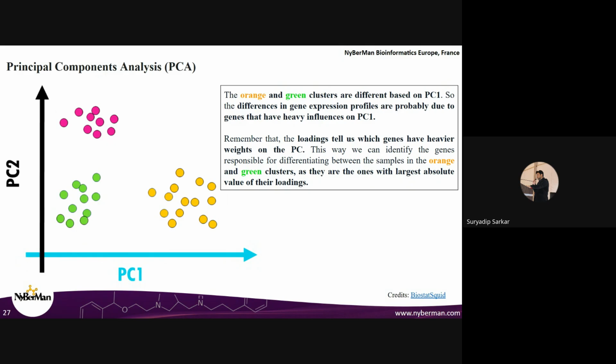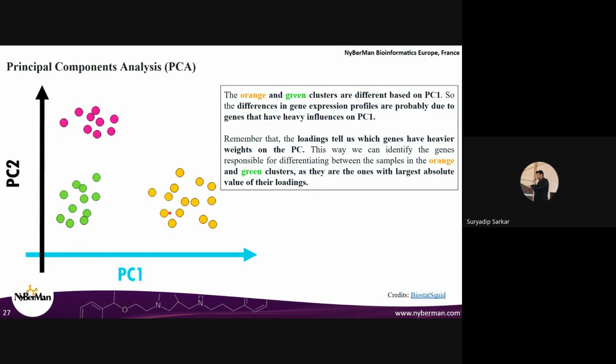So now let us try and understand a little bit more. Let us focus only on the PC1 axis for now. The orange and the green clusters are very different based on PC1. You can clearly see that they have a distance between them on the x-axis, or the PC1 axis.